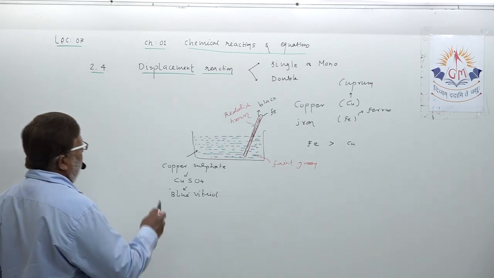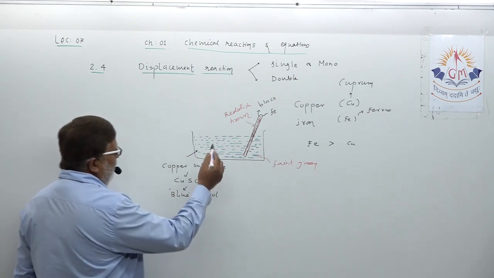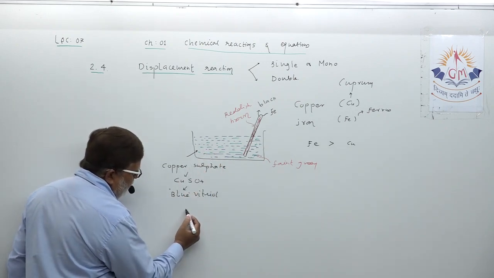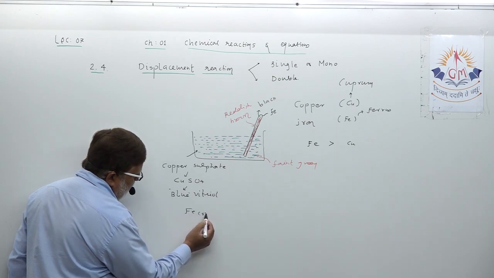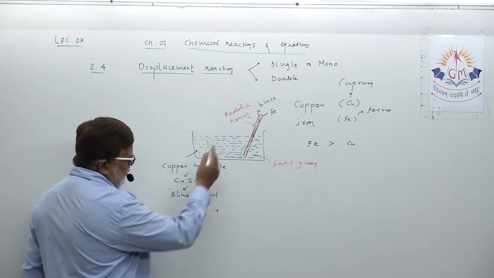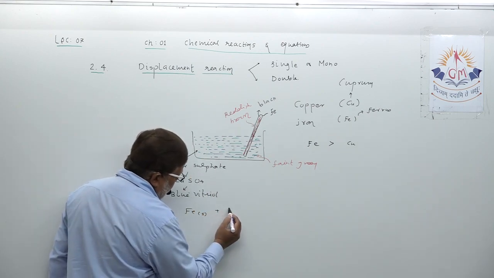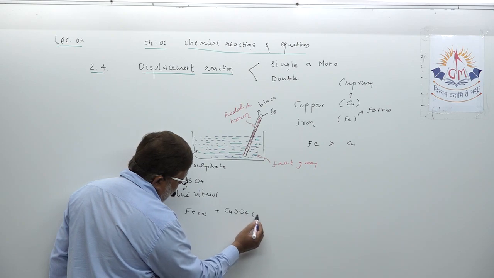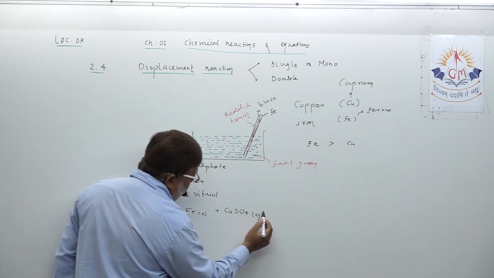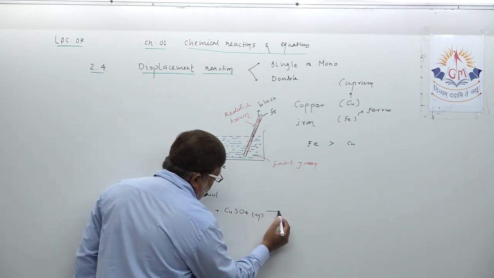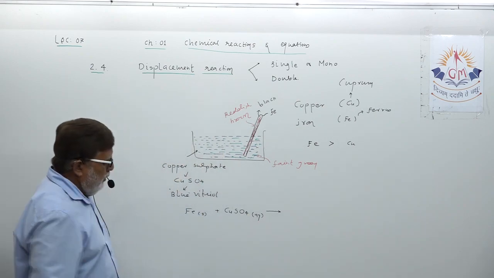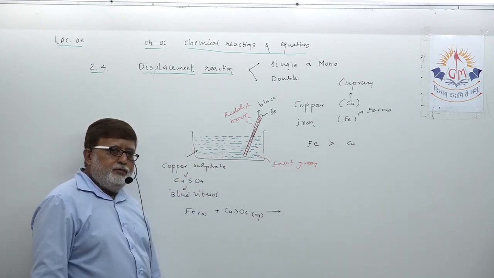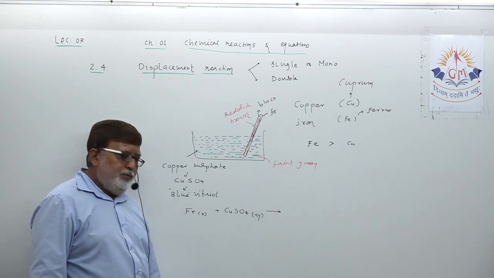I am writing it here. See what we have taken. We have taken iron rod and we have taken copper sulfate solution. Now what happens when they both react with each other at normal room temperature?